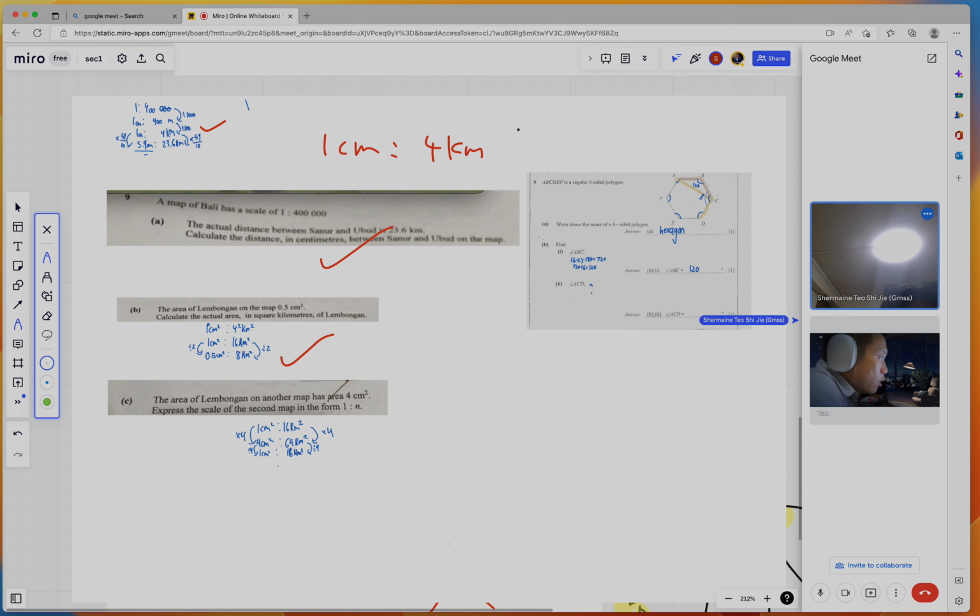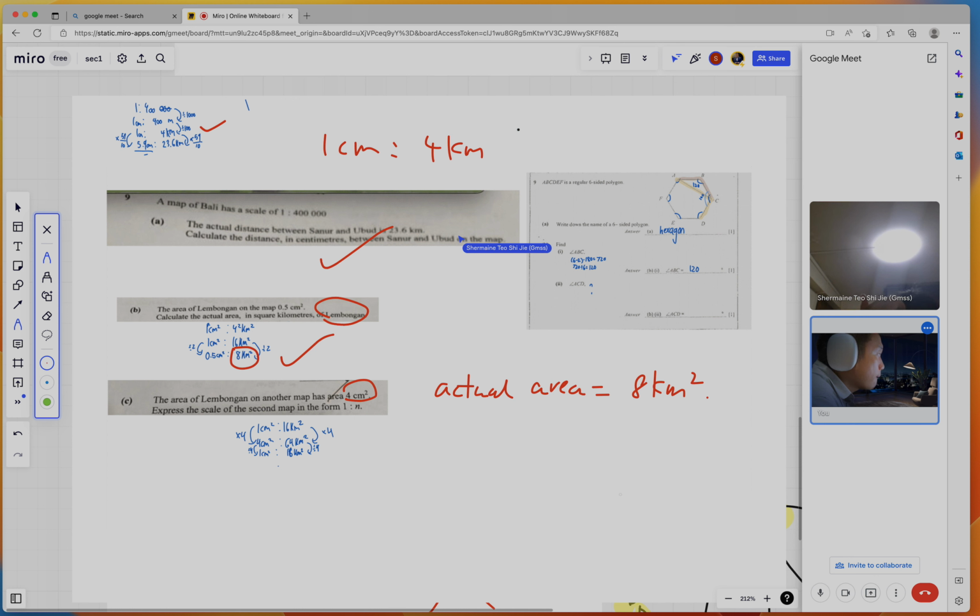So the other map has an area of 4 cm, right? Wait, I think you are wrong. Why? What's the actual size? The actual area is 8 kilometers square, right?